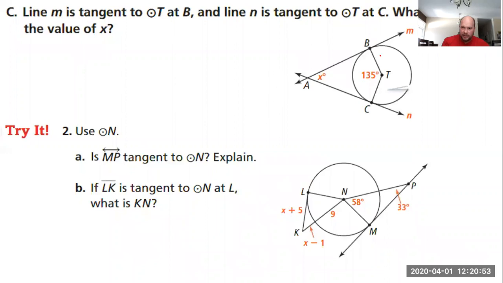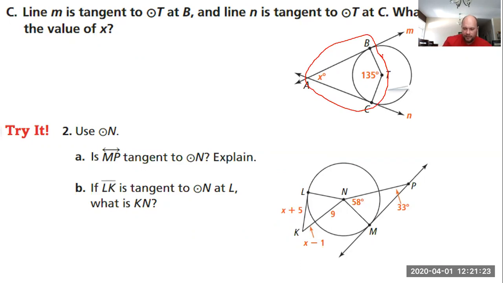If we look at this shape here, that's a quadrilateral. What do all the angles of a quadrilateral have to add up to? Everybody all at once. Come on now. 360. Yeah. All right, so they have to add up to 360.